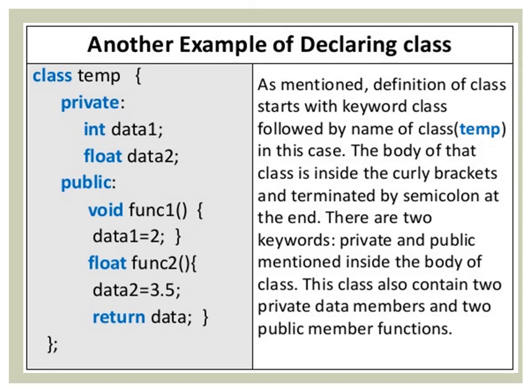There are two keywords, private and public, mentioned inside the body of the class. This class also contains two private data members and two public member functions. So the data members declared under the private section are data1 and data2, and the two functions we declared under the public section are function1 and function2. So this is one more example of the class.